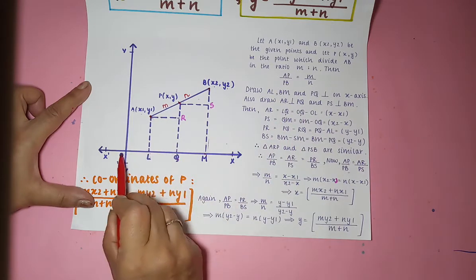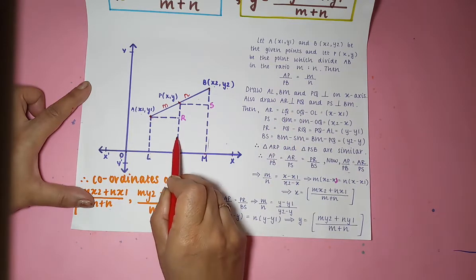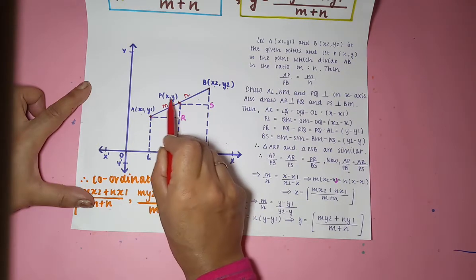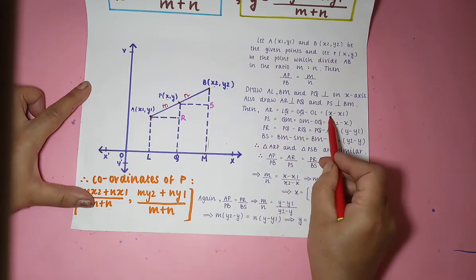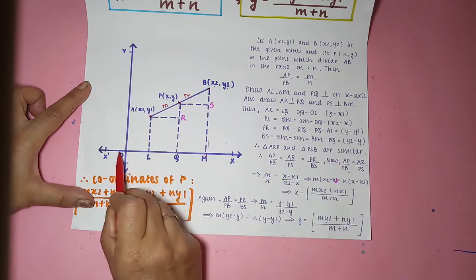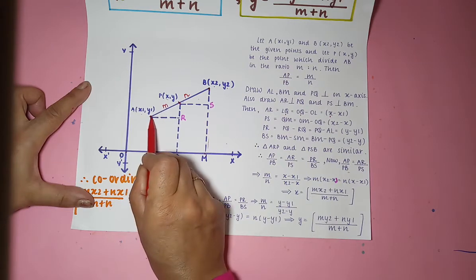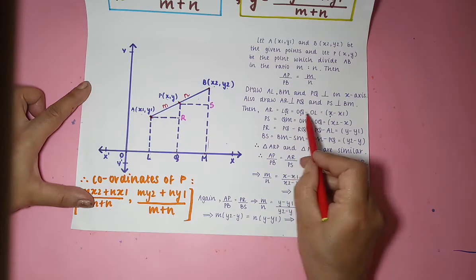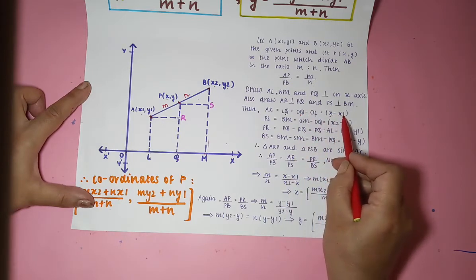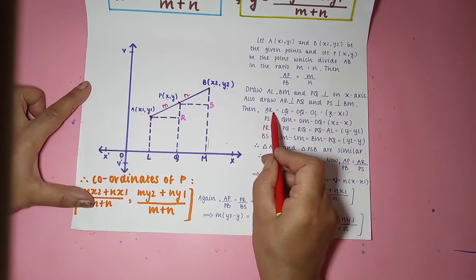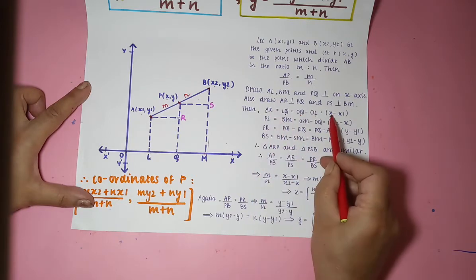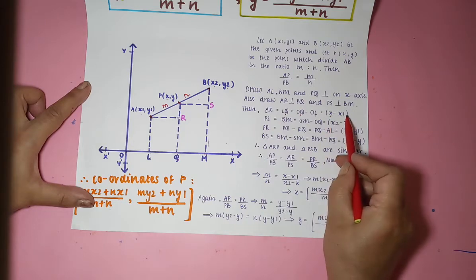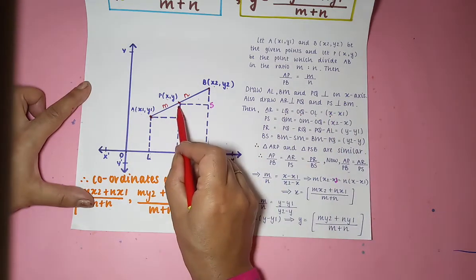OQ is the total distance from O to Q. P point is giving us that, so x is the distance. Then OL. What is this OL? A point is giving us the distance along the x-axis, that is x1. So OQ minus OL is x minus x1. So we have calculated AR as x minus x1. Let's go now to PS.